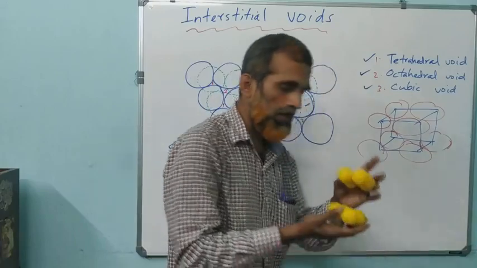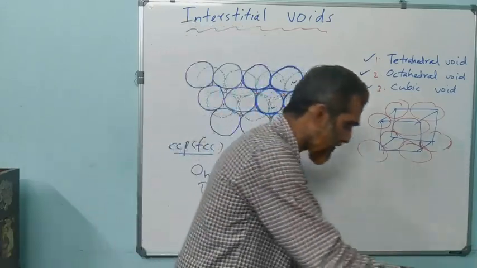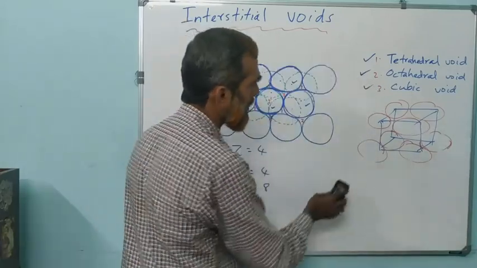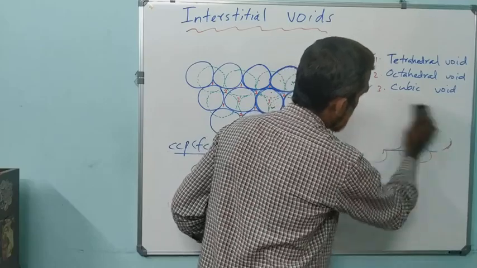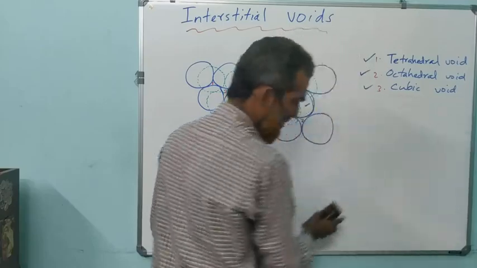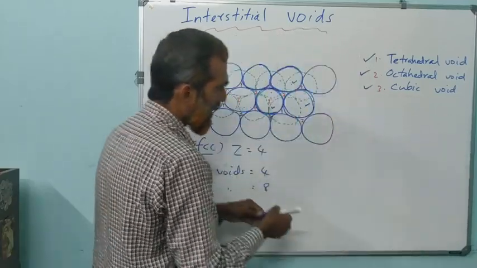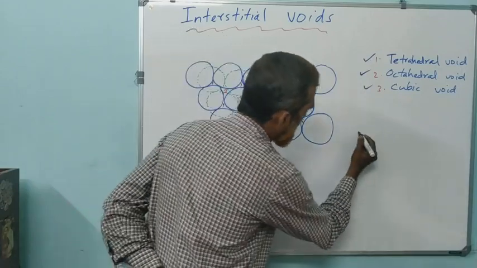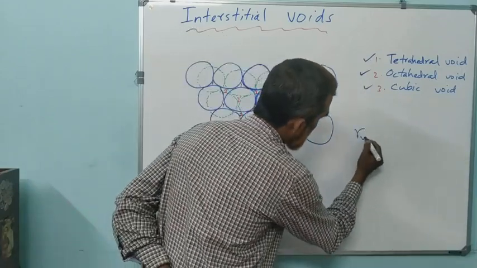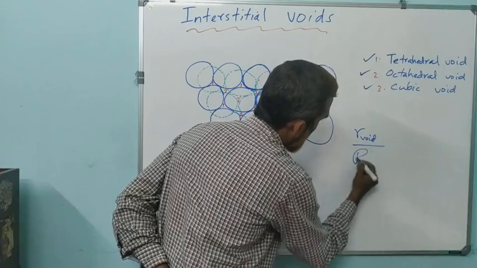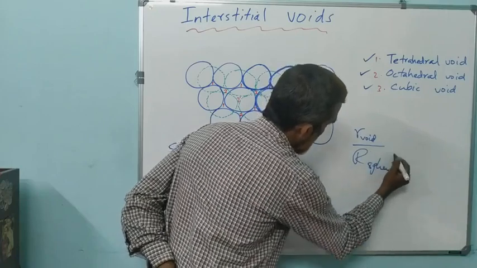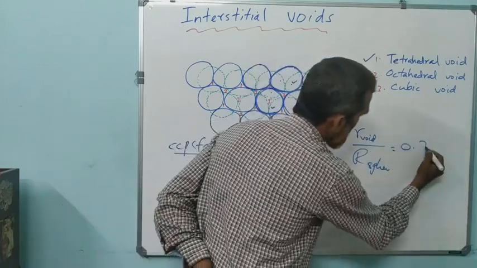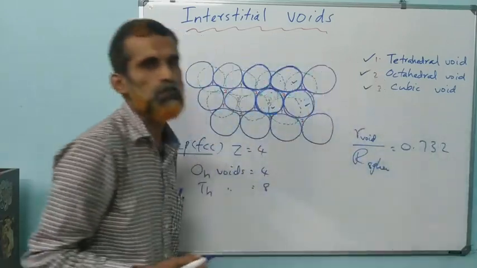Of course it is much bigger in size, right? If you take the radius ratio, you can see that the radius of the cubic void by the radius of the sphere is found to be equal to 0.732, much bigger.